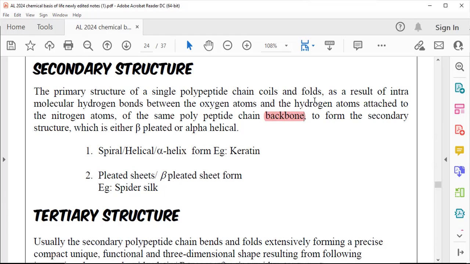Okay, so secondary structures have hydrogen bond, tertiary structures have hydrogen bond.